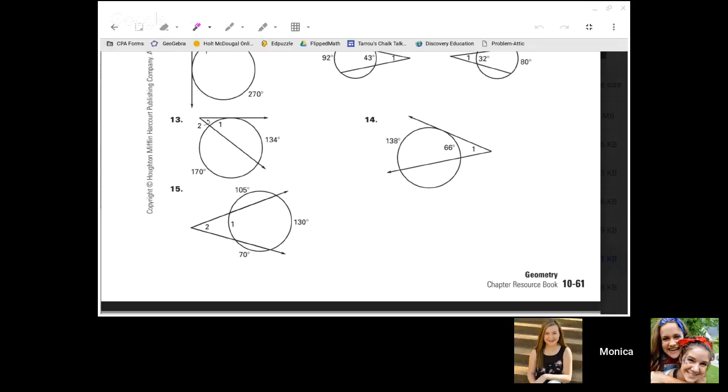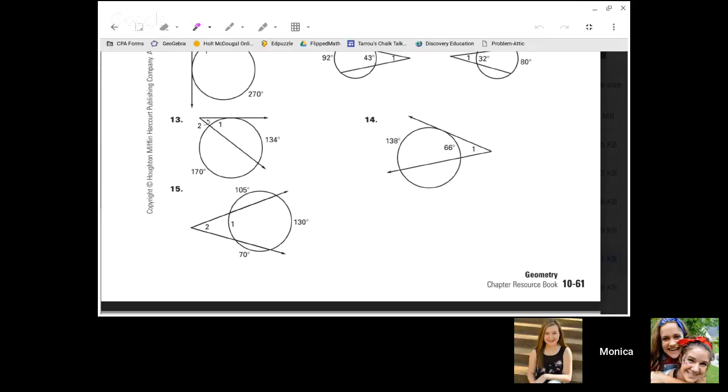All right, Lily, so for number 13, we're supposed to find the measure of arc 1 and angle 2, okay? So if we look at our diagram here, a whole circle, what's it add up to? How many degrees go around the outside of a whole circle? 360.